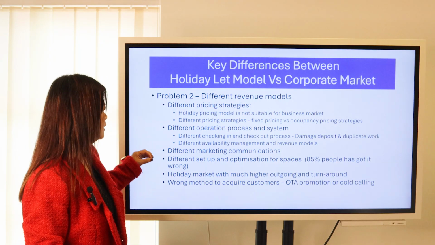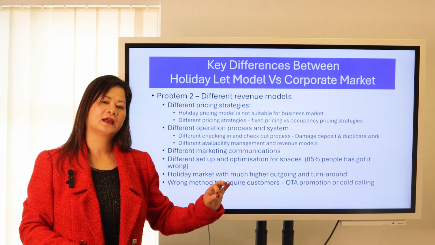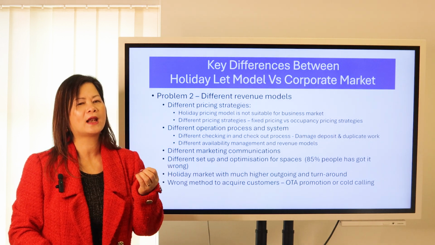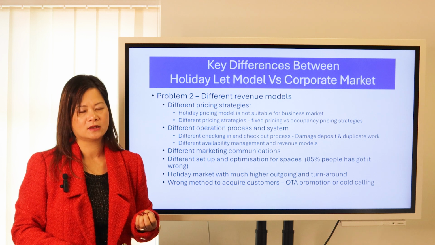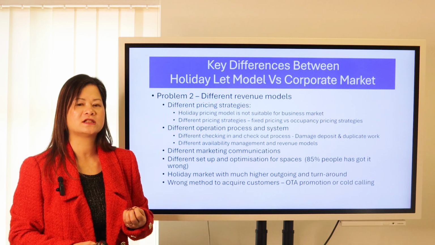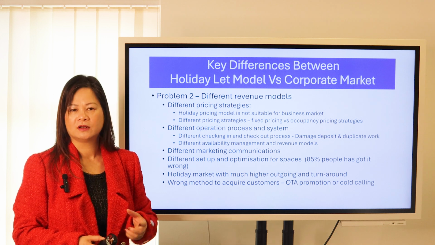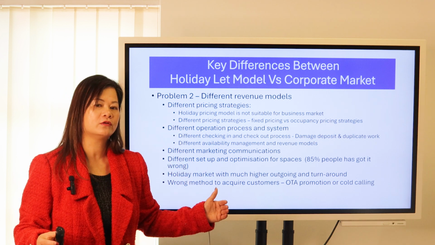The next one. The marketing communication is very different. For the holiday-let, they would more likely book through a third-party channel, for example Airbnb or Booking.com, because they've got a third party in case things go wrong.